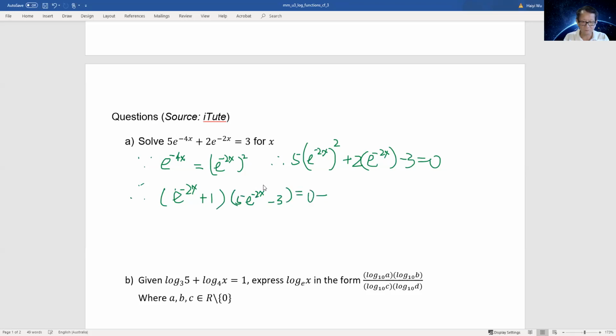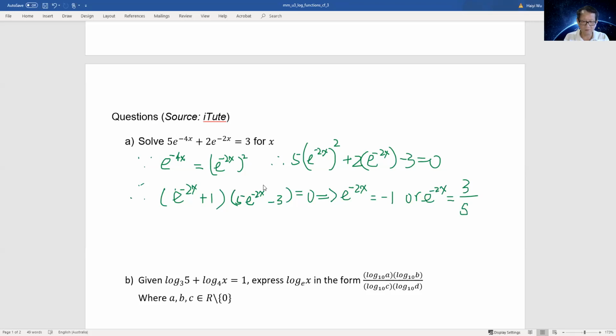So that leads to 2 solutions. One is e to the power of negative 2x equal to negative 1. The other one is e to the power of negative 2x equal to 3 divided by 5. So this is the solution.